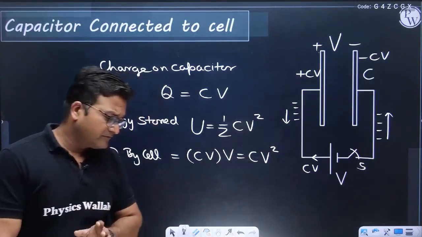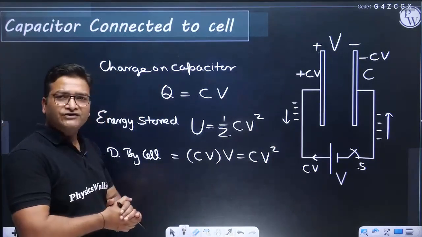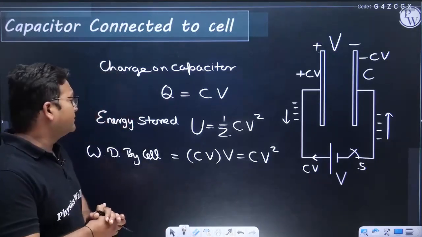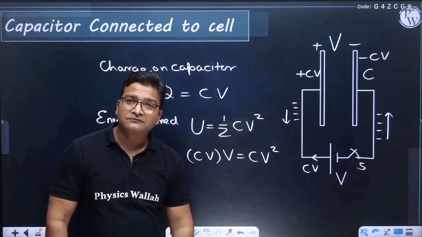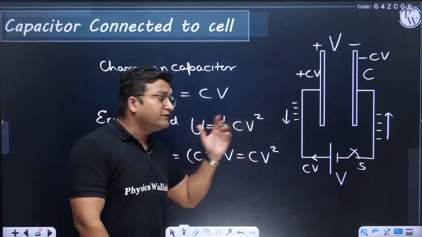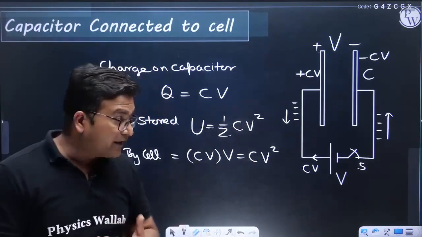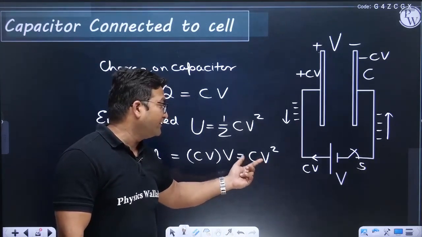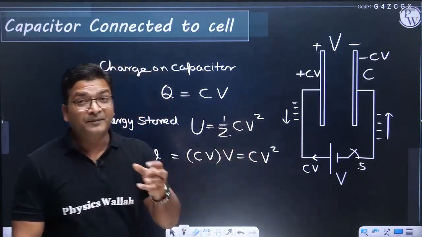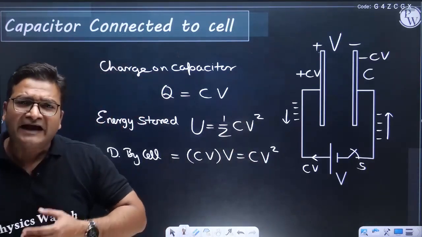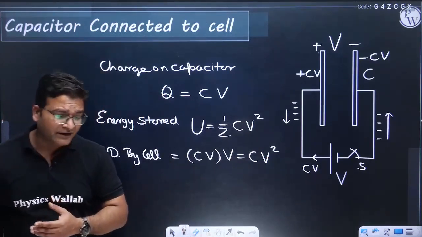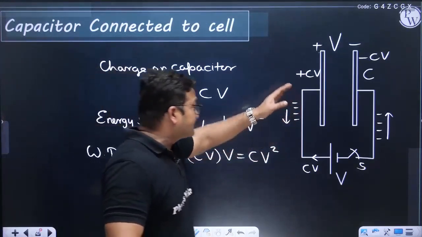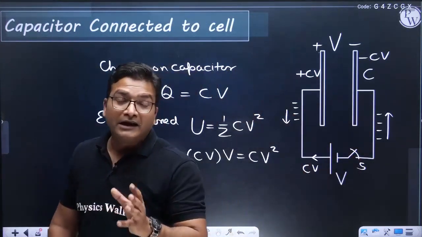But there is a problem. The battery does work equal to CV squared, and the energy stored is only half CV squared. Where has the other half CV squared gone? The remaining is converted into heat loss that occurred because of this instantaneous flow of large charge.